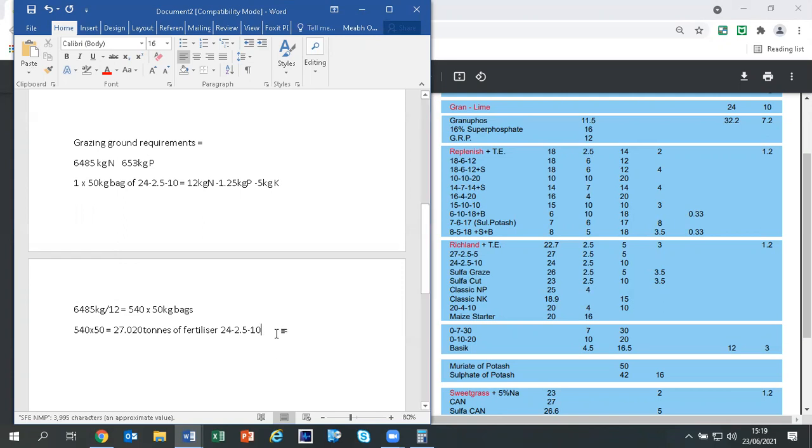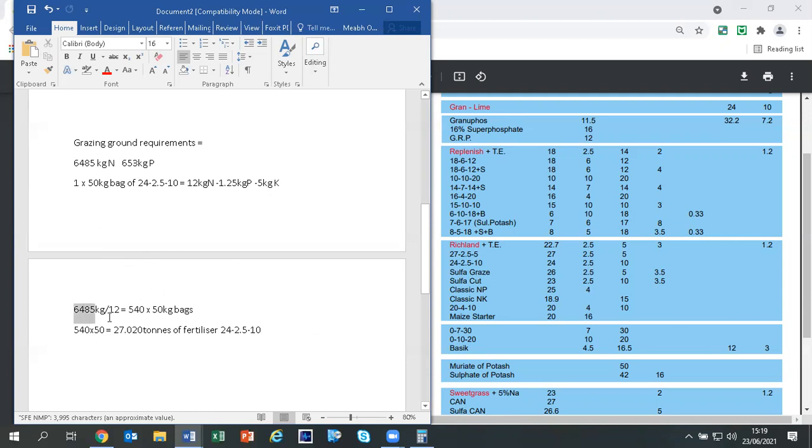The last thing that we need to do here is to double check. Remember, we only did this calculation based on our nitrogen. So we now need to double check that if we are to spread 540 50 kilo bags of 24, 2.5, 10, we will also be hitting our phosphorus requirement. So how do we do that?